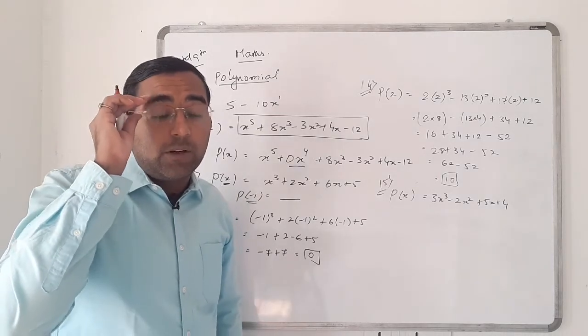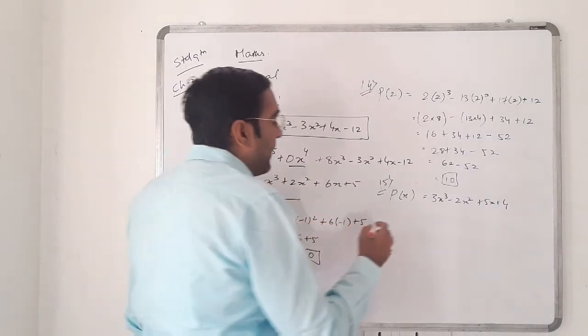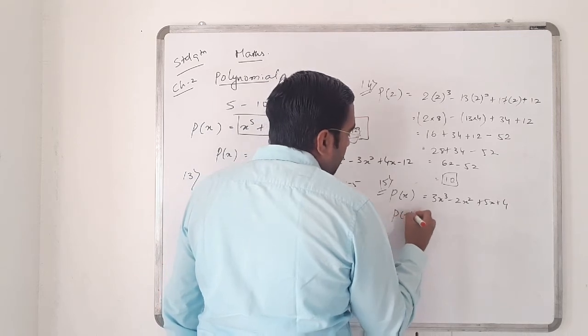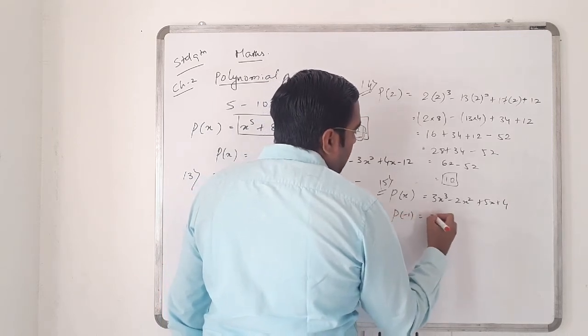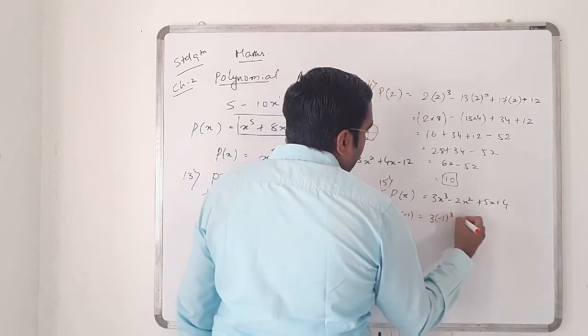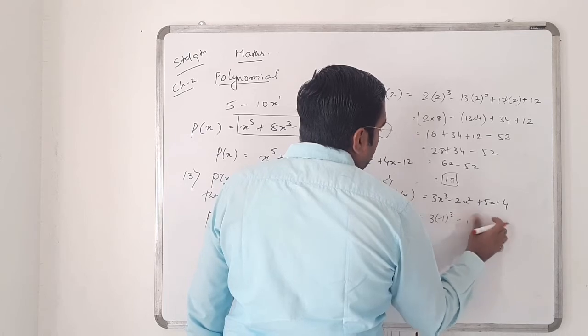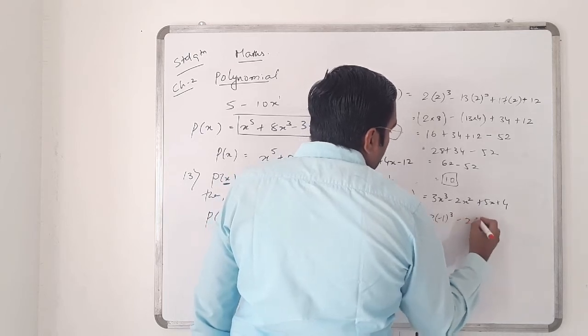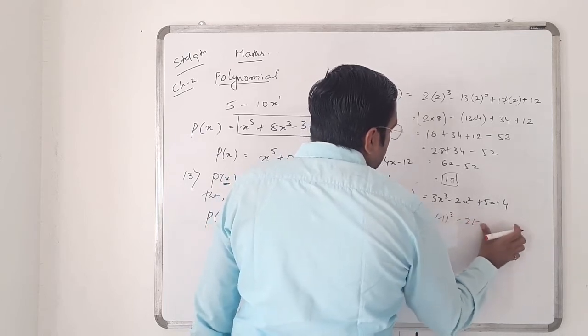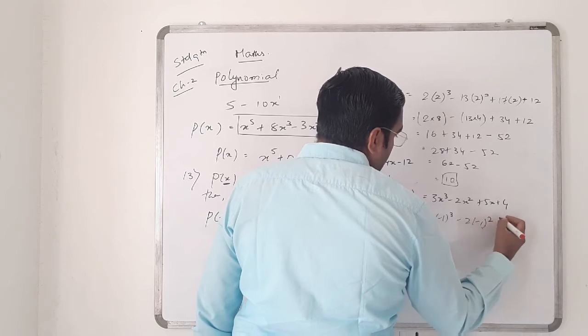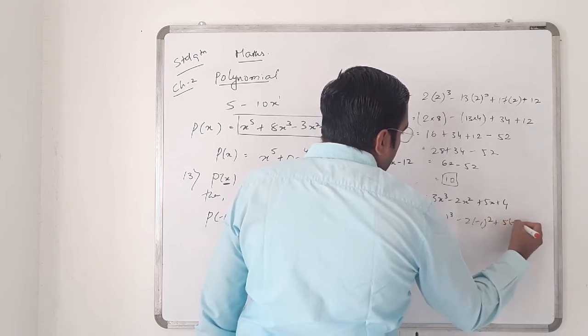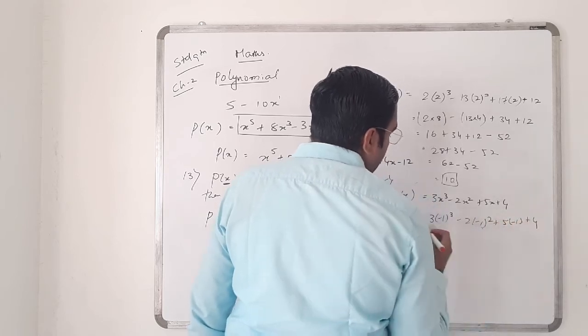Okay, so in this one we have to take the value of x equal to -1. So p of -1 is equal to 3 of -1 cube minus 2 into -1 square plus 5 into -1 plus 4.